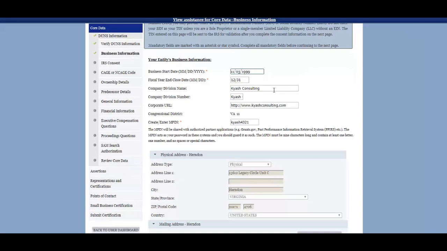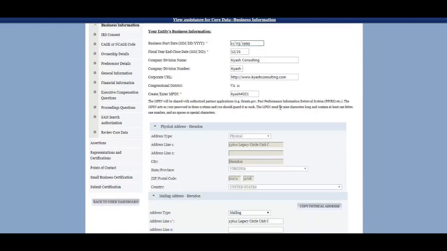Irs Consulting is the DBA, doing business as name. Company division number, well, we're too small to have a number, so I just fill in Kayash as just a placeholder for this space or field in the database, if you will. You have a corporate URL, you fill that in. We have a website. Feel free to visit it.